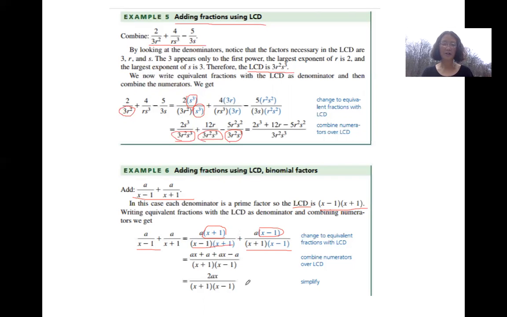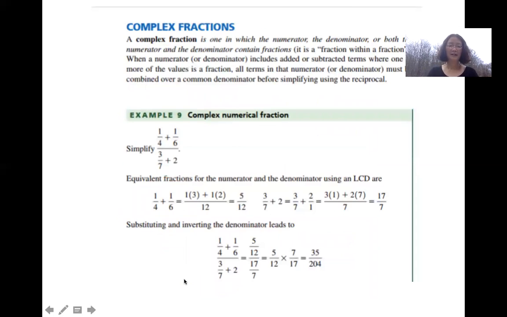Again, make sure you go over this example by yourself, copy down this expression and see if you can come up with this result. It is all about practice, practice, and practice.